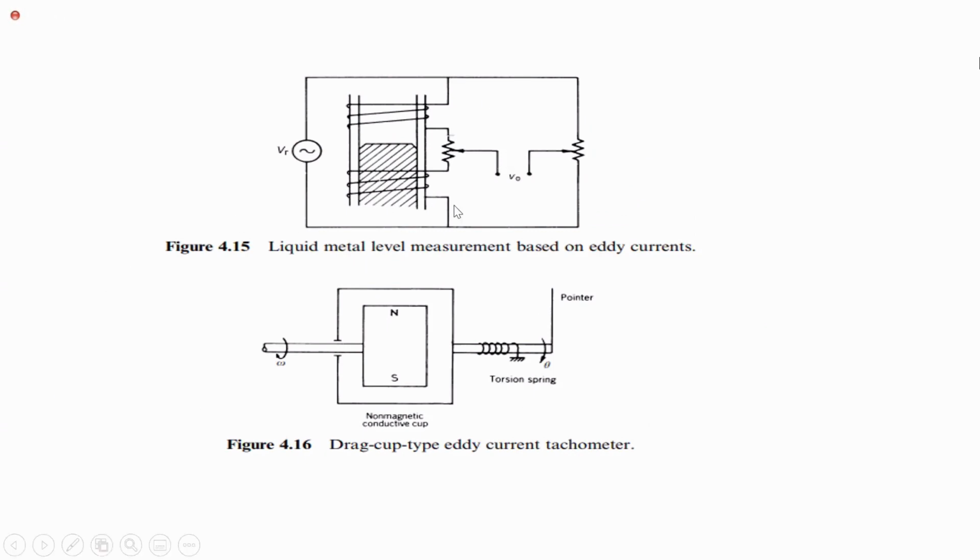This is the device to estimate the liquid level, and that liquid should be metallic. And here we have another device to estimate the angular displacement.